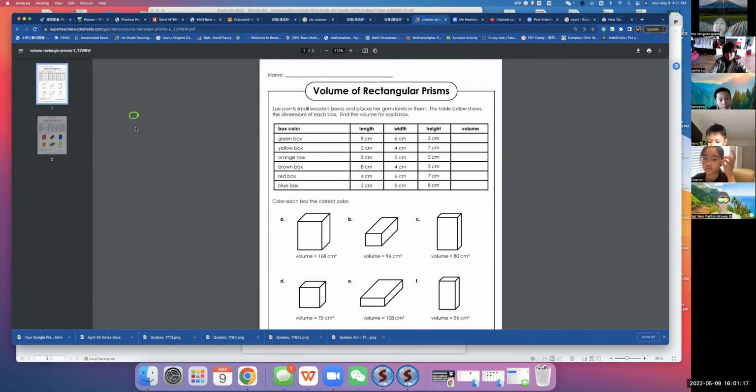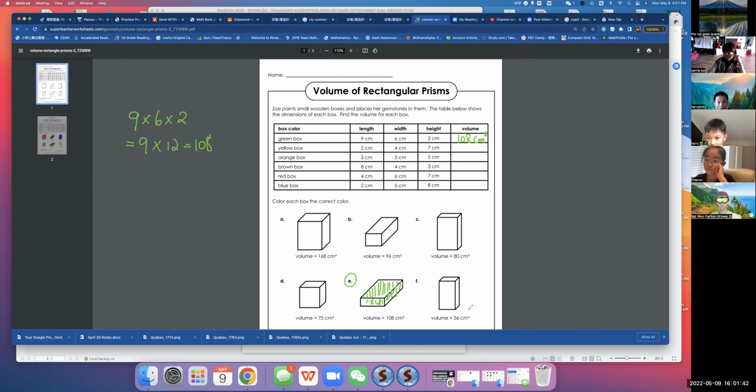The volume is 9 times 6 times 2 equals 9 times 12 equals 108. So I'm going to put 108 centimeters cubed here. I look down for 108. This one, yes. So I'm going to color this one green.